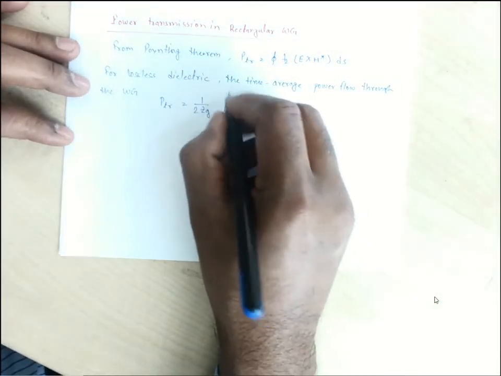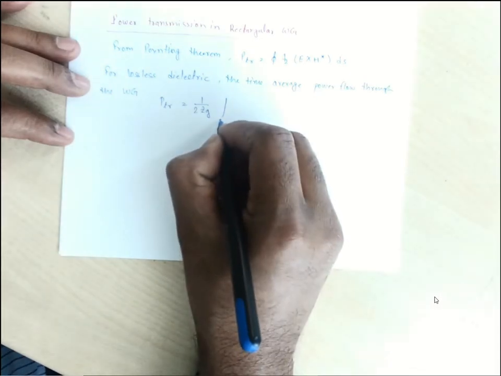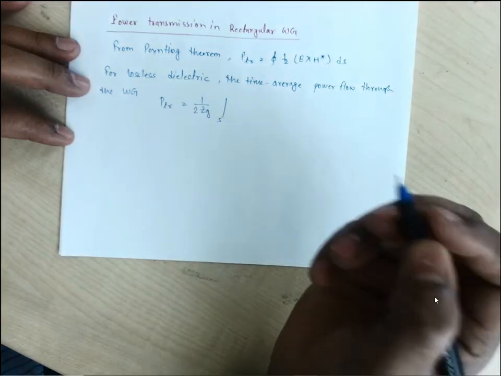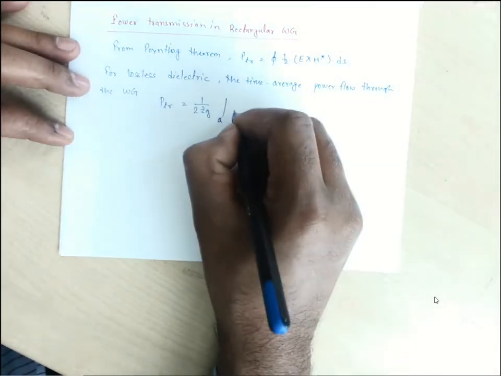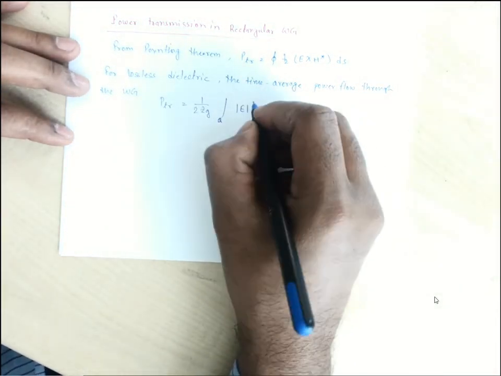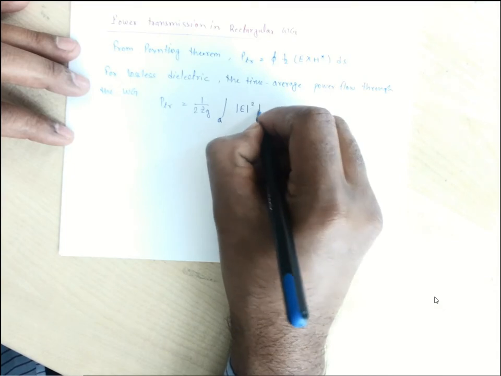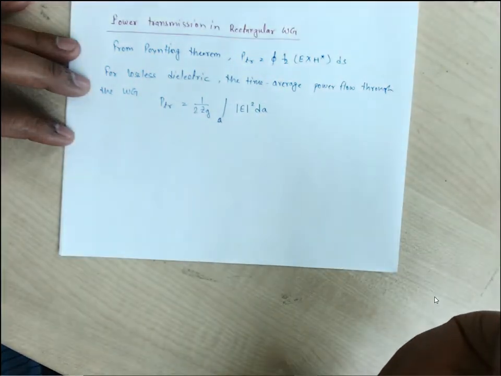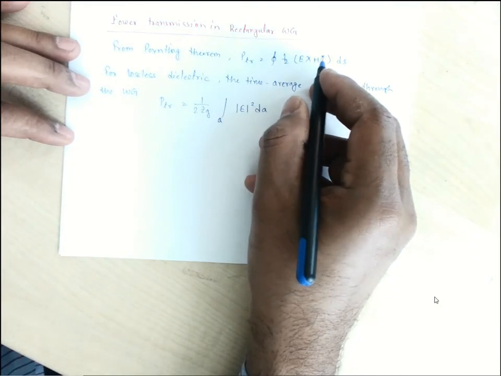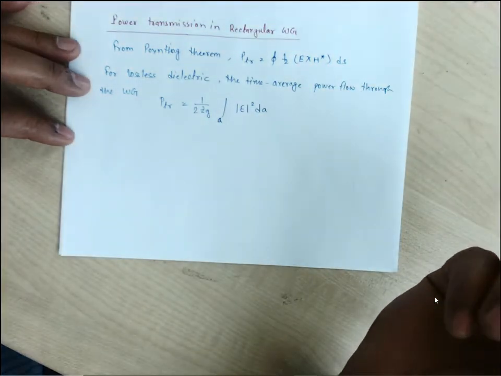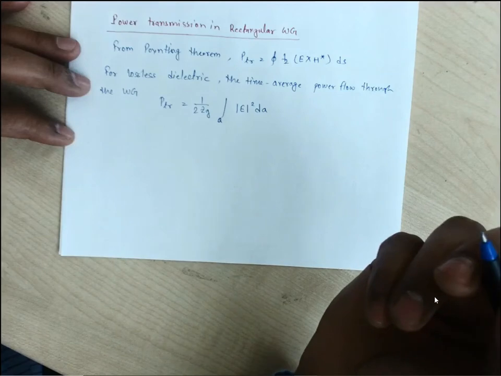So let us consider the cross section area is A. We are writing with respect to E only, into dA. That is, H can be written as E conjugate by eta, where eta here is the Zg.